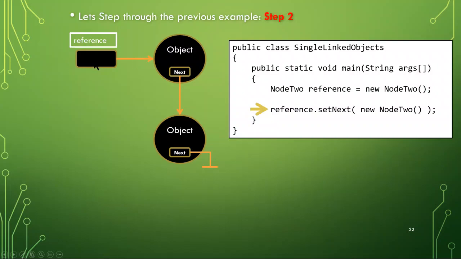So it's reference, it says dot, I follow the arrow that's currently drawn there. It says set next. Okay, that's the data that's right here, next. And we're passing in the new object that was created, that was this object here. So we'll draw a line coming down saying that the next inside this object is now connected down here. And the next inside of this one is still set to null because it hasn't been changed. So we have this little bit of a chain right here.